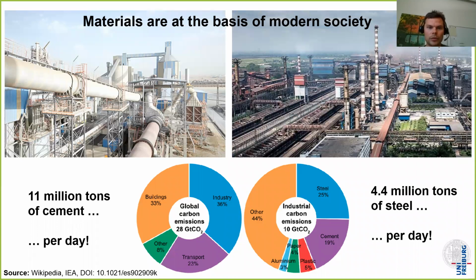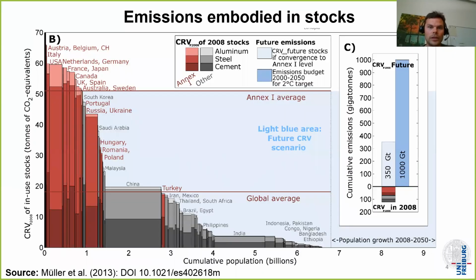So steel and cement production alone are responsible for between 15 and 20% of global greenhouse gas emissions, just the production of these materials. And if we now look into the future, we will be more people, and the people in the future will also want stocks. They want cities, they want travel infrastructure, they want products, they want houses.